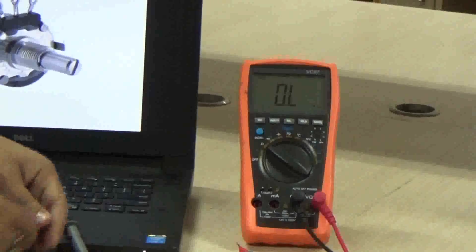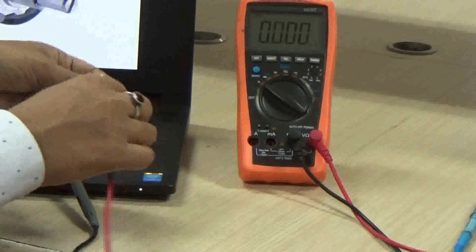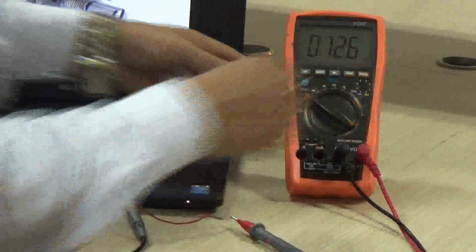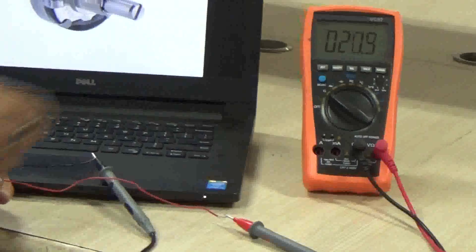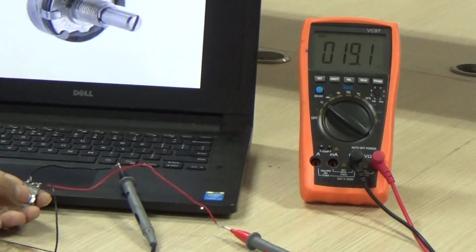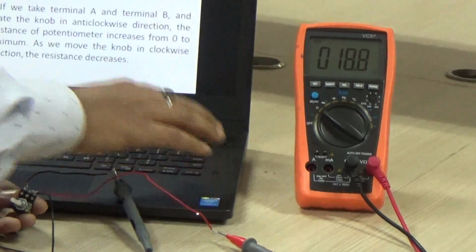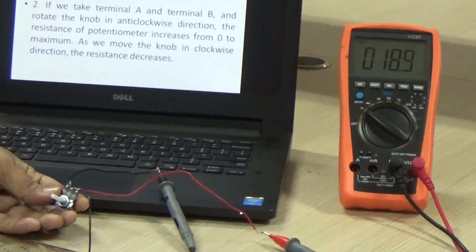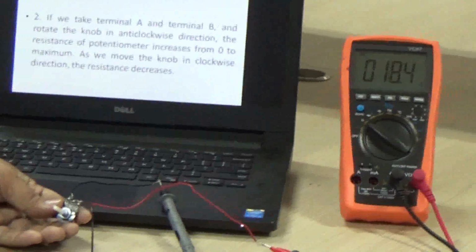If we connect terminal A and terminal B and move in the anti-clockwise direction, then the value of the resistor increases from 0 to its maximum value.